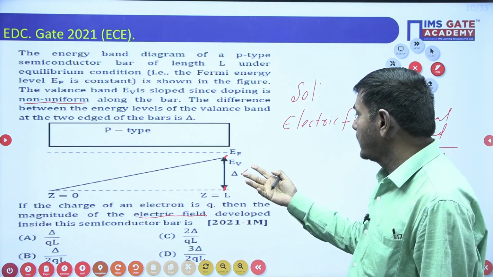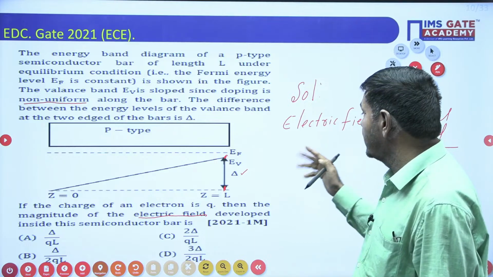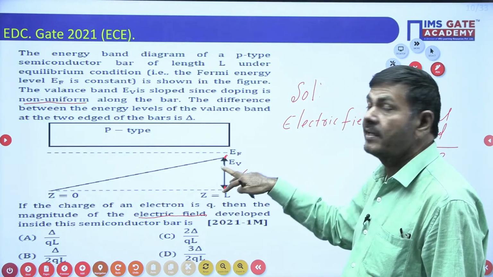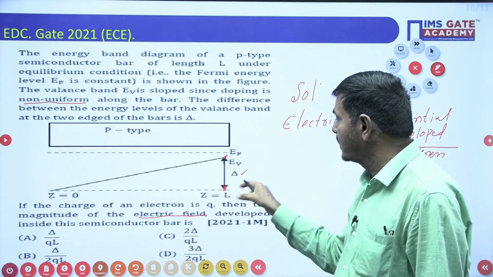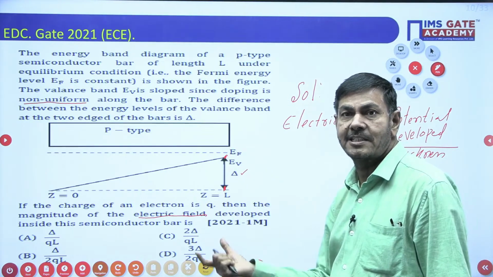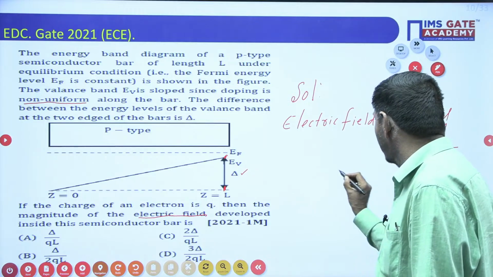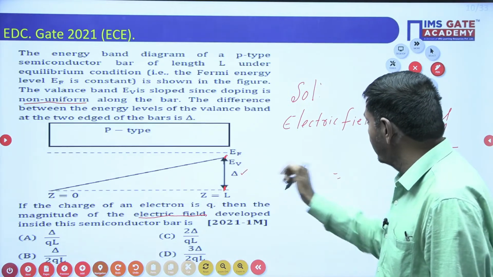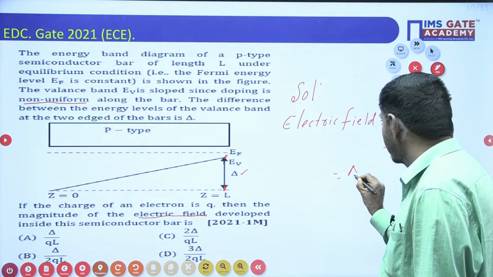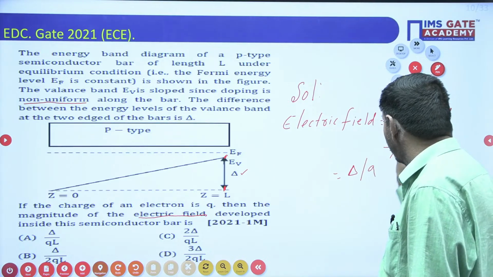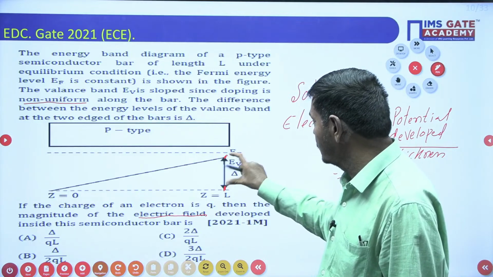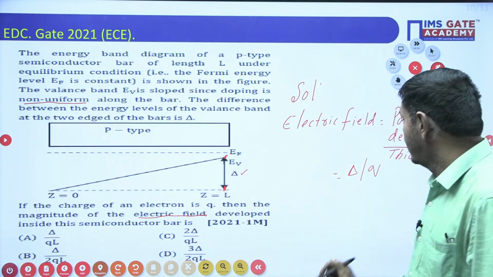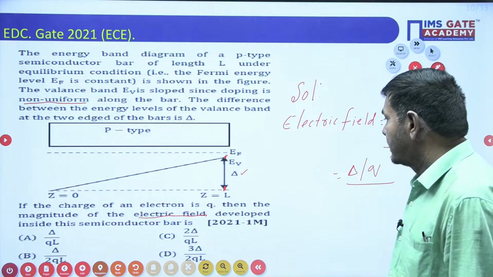But to get the potential, the energy level must be divided by charge. When it is divided by charge, you will get the voltage in volts. So the potential equals the energy level between these two points divided by q, and then divided by the thickness, which means the total length.